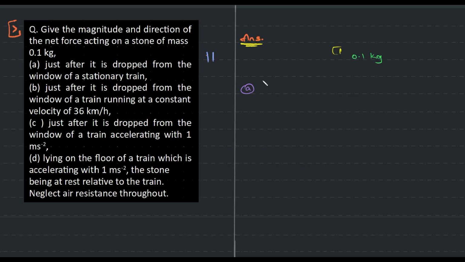So we have the stone and the train is stationary. We have the gravitational pull acting on it, and the net force on the stone will be minus 1 j cap Newton.